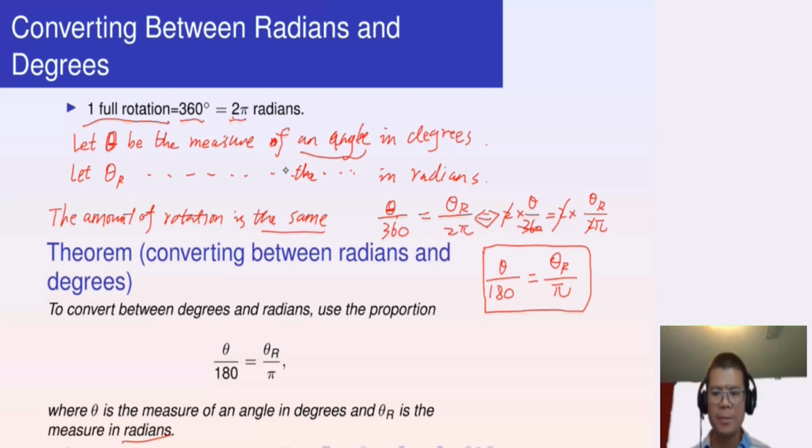Does that make sense? Okay, very good. This is something we are going to be using quite often. So this formula is very important. We should memorize this one: theta over 180 equals theta r over pi. Okay, so memorize that.